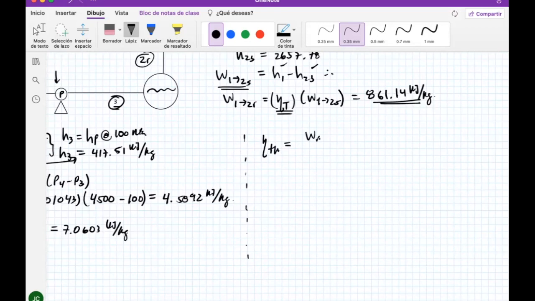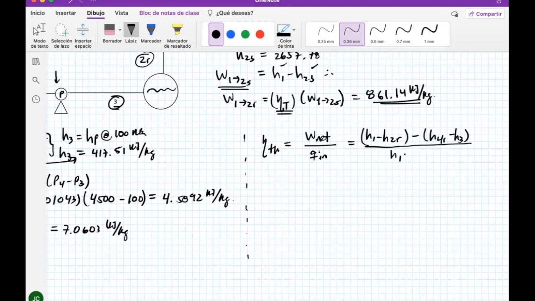So this number is going to be the net specific work divided by the specific heat introduced in the steam generator. If you do that, you will get H1 minus H2R, minus, because you need to subtract the work of the pump, H4R minus H3, and this is going to be divided by H1 minus H4R.